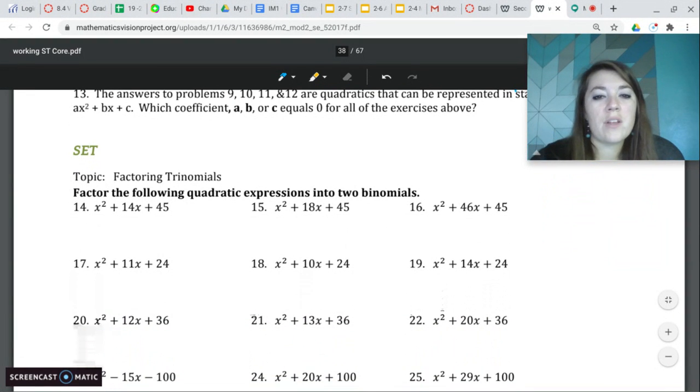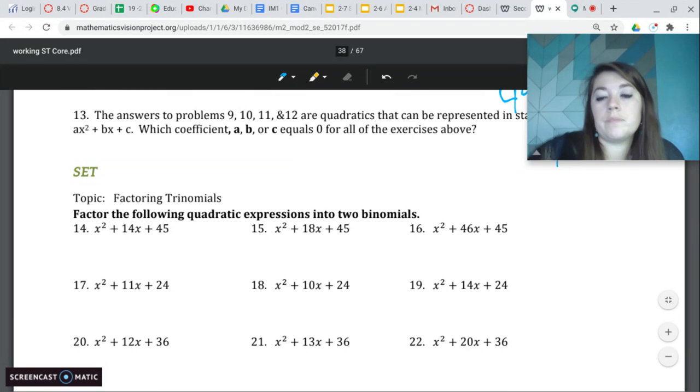All right, the next one, factor the following quadratic expressions into 2 binomials. When we factor, factoring is all about finding what 2 numbers multiply to give us our C value and add to give us our B value. So we're going to take a look at number 16. Our C value is 45.